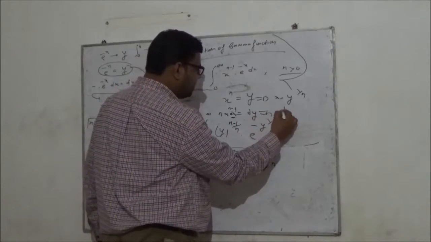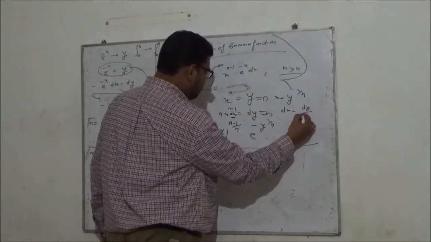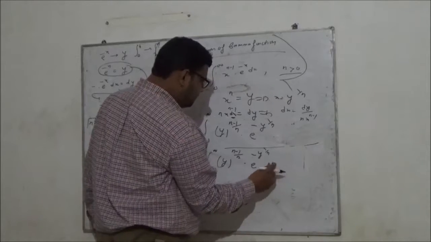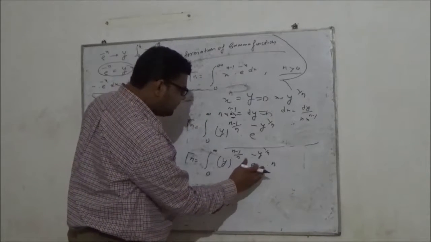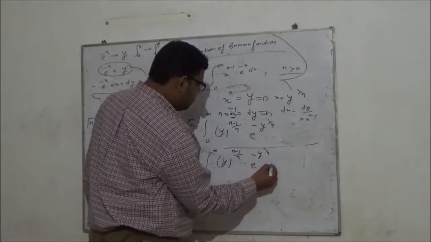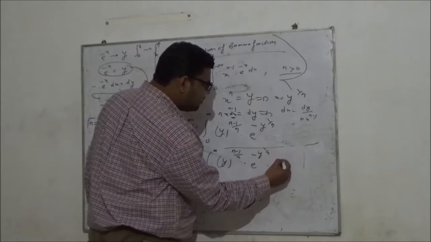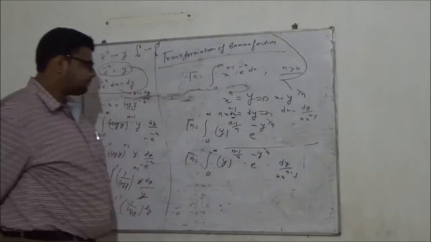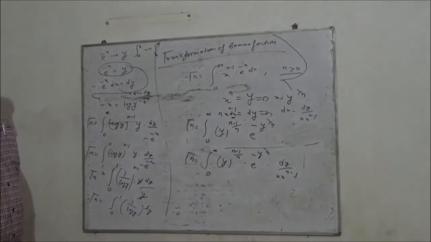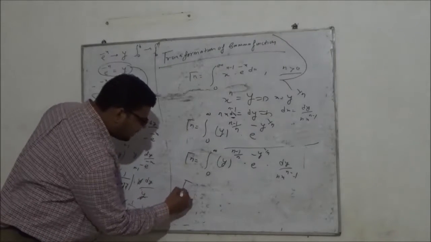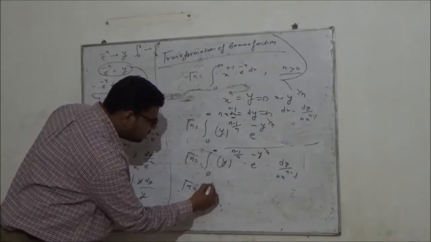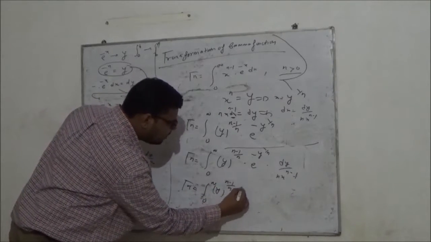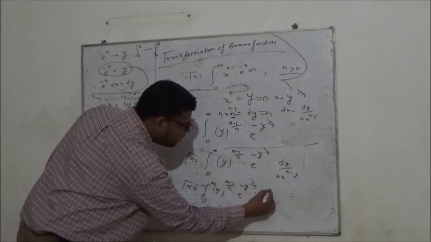The value of dx will become dy upon n x^(n-1). Okay. So gamma n will become integration from 0 to infinity of y power n minus 1 upon n, e power minus y^(1/n), dy.